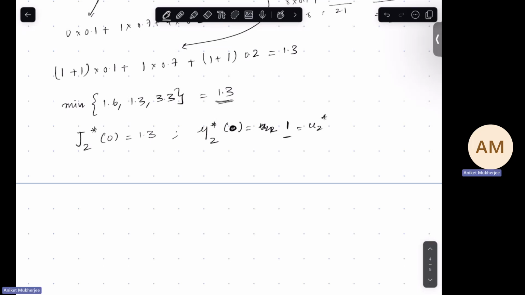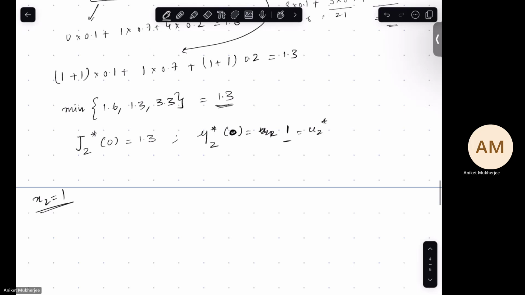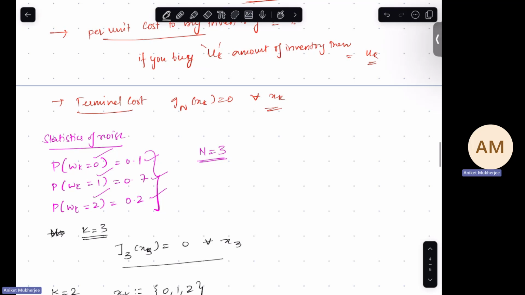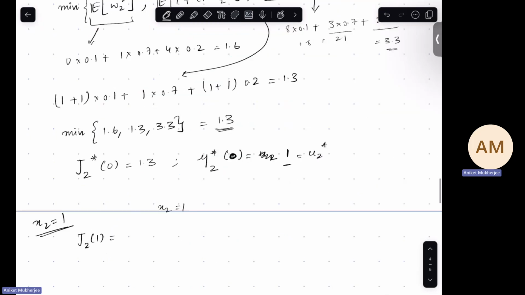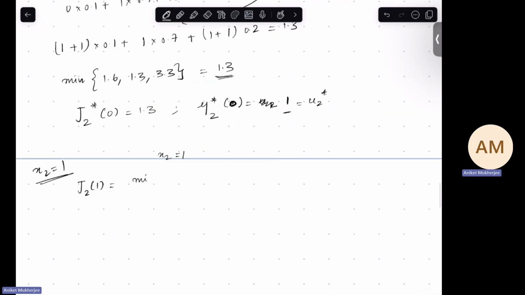Okay, so suppose x2 is equal to 1, then J2(1) equals, now since x2 is 1 and you have that constraint that u2 is less than or equal to 2 minus x2, u2 can only take values 0 and 1.